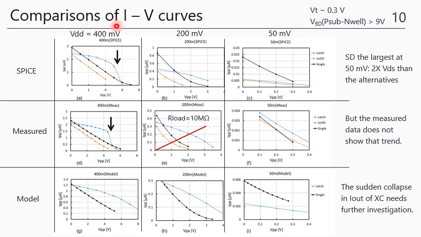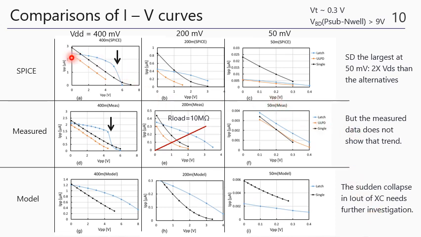Here's the comparison of the IP curves, VPP versus IPP, at amplitudes of 400 millivolt, 200 millivolt, and 50 millivolt. The first column shows the SPICE result, the second column shows the measured result, and the third column shows the model result.